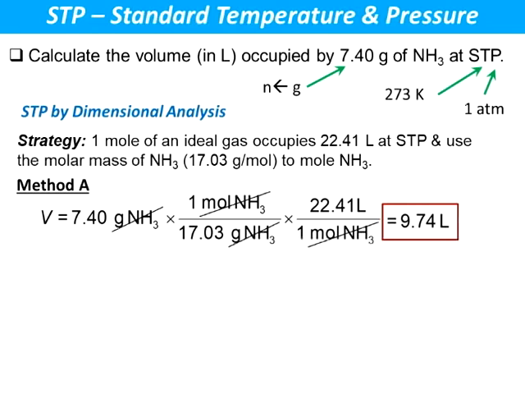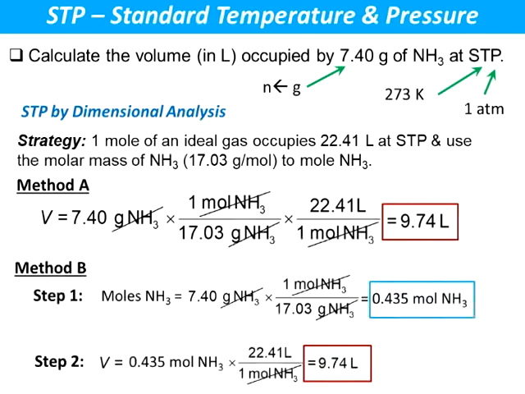We carry this through a standard unit analysis with grams of ammonia on the bottom and 1 mole of ammonia on the top. And we then convert it using the standard volume, where 1 mole is 22.41 liters, and we obtain 9.74 liters. So there we have it.